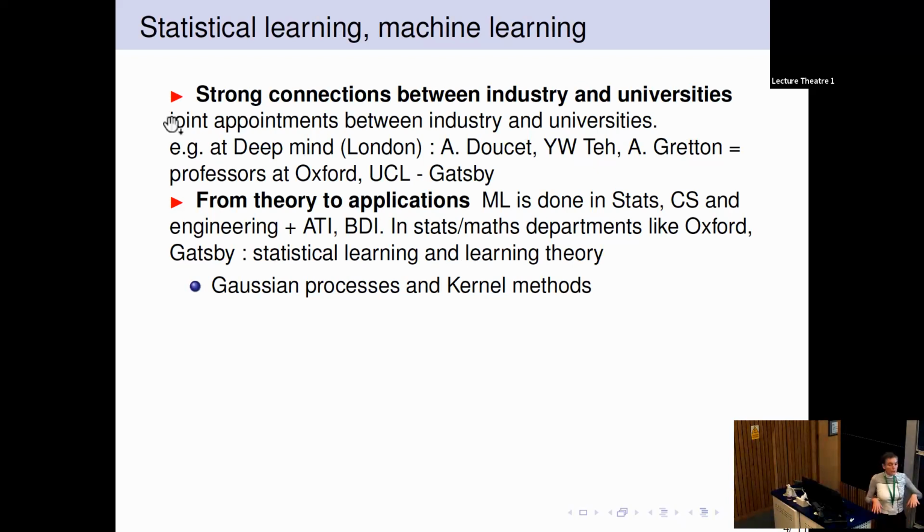And there is a strong connection between statistics and machine learning. In the UK, there's a strong connection between machine learning done in academia and machine learning done in industry, by people having joint appointments between industry and academia. A lot of the PhD funding comes from industry.